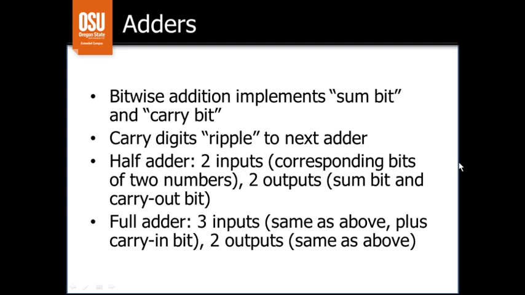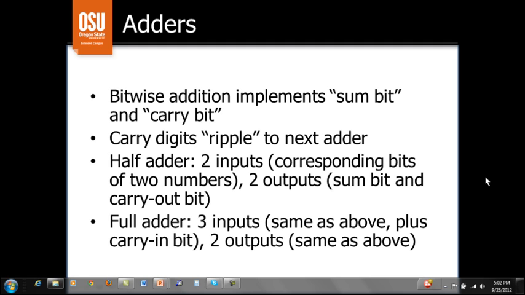Now we'll look at some of the circuits that do this and build up to the idea of what's called a ripple carry adder that will allow us to construct an adder of any number of bits, to take 2 multi-bit input values and produce a sum of those 2 values that's consistent with the rules of arithmetic.